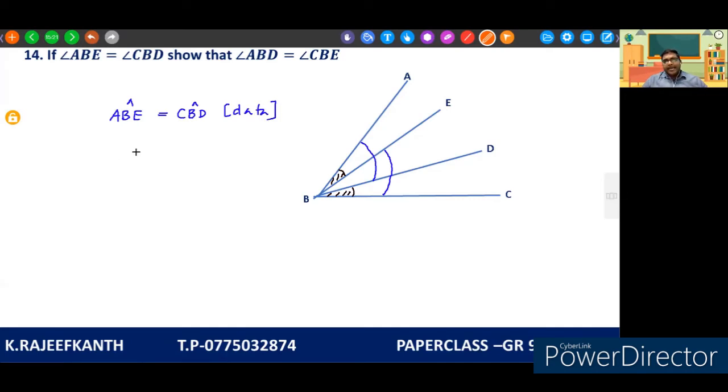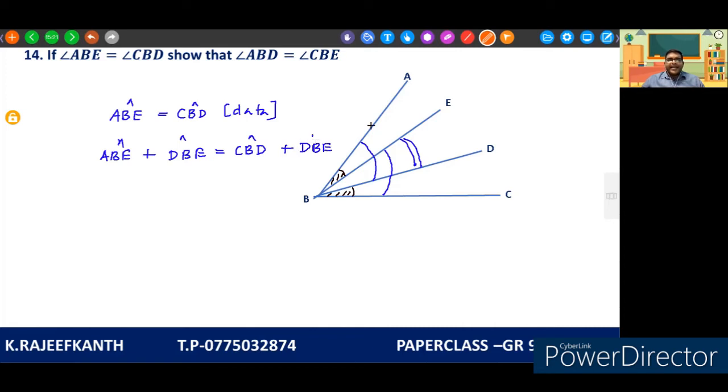Now, I am going to add this angle DBE to both these two angles. So angle ABE plus angle DBE is equal to angle CBD plus angle DBE.